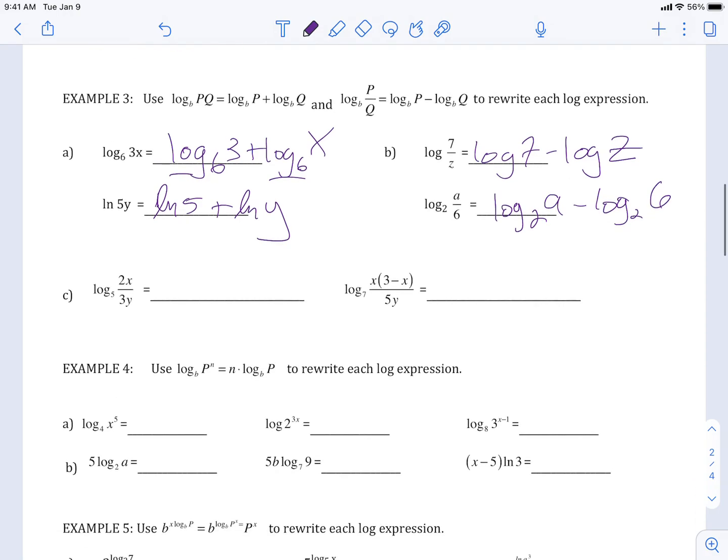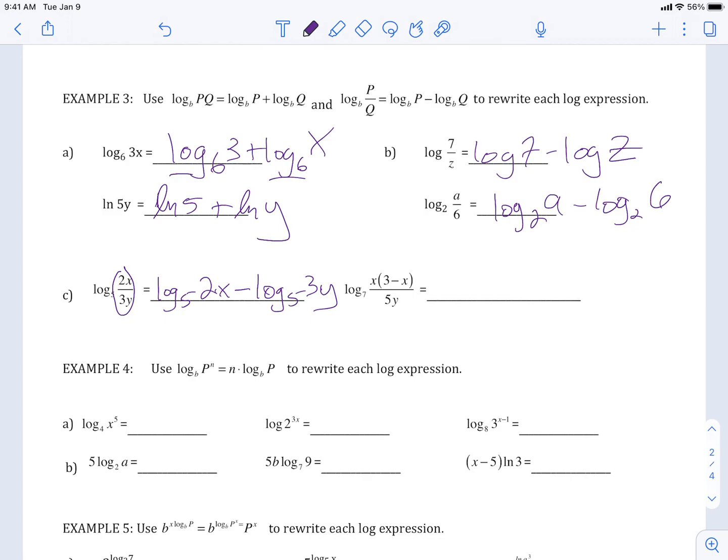And over here, we have multiple things going on, right? So we could separate them right away as a subtraction problem. So log base 5 of 2x minus log base 5 of 3y. But you're going to have to separate them more because it's times and times.